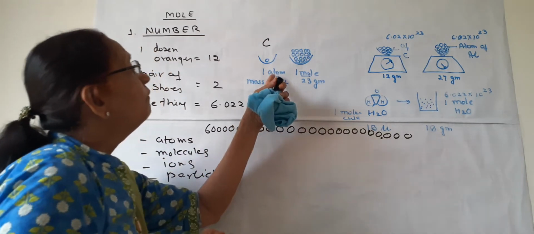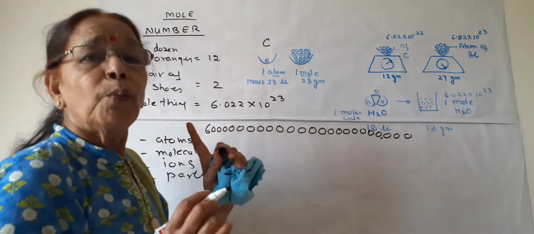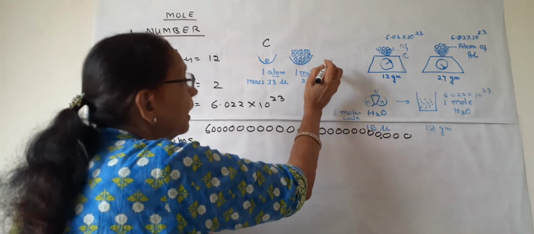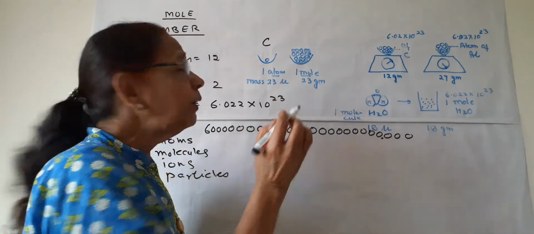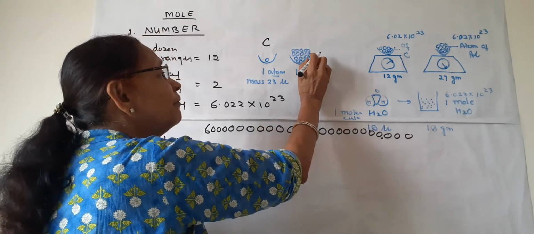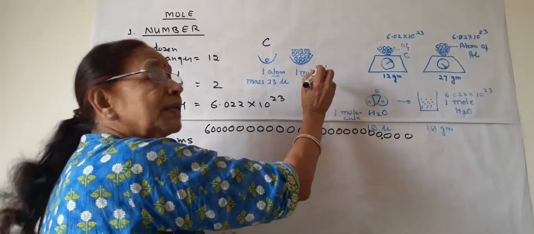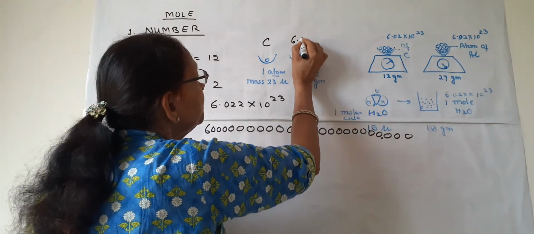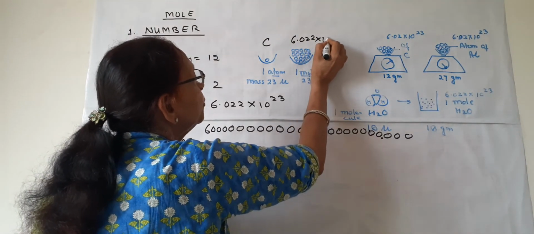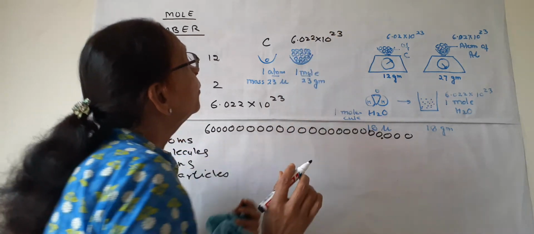In a bowl, 1 atom of carbon is put. And in another bowl, 1 mole of carbon atoms are put. These are also atoms of carbon, but their number is 1 mole. So how many should they be? They should be 6.022 × 10^23.